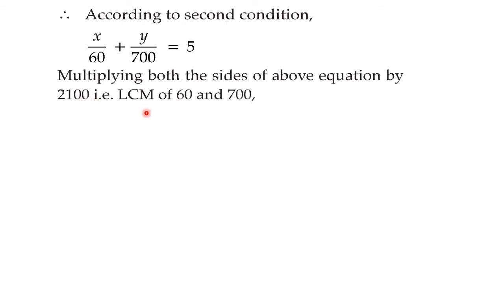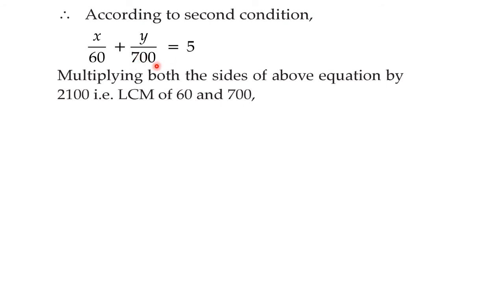I told you previously also that everywhere you don't go for cross multiplication simply, you think of LCM, because when you go for cross multiplication you are going to get a very big number, and then the reduction is not possible afterwards, or it becomes complicated. So always think of LCM here.